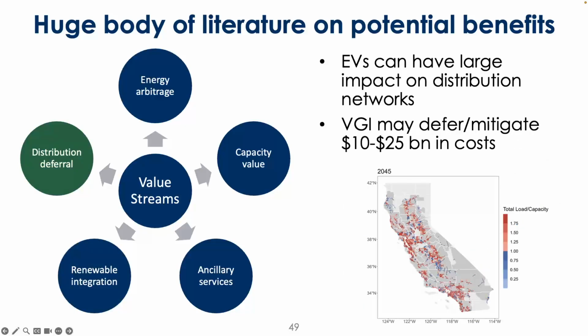On the distribution side of things, this is a study that I actually did with some grad students here, where we looked at the impact on large distribution networks in California. And actually doing VGI, you could potentially help to mitigate $10 to $25 billion in more infrastructure deployment costs at the distribution level.